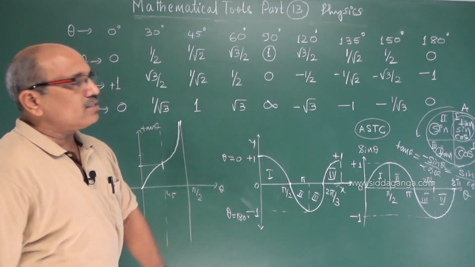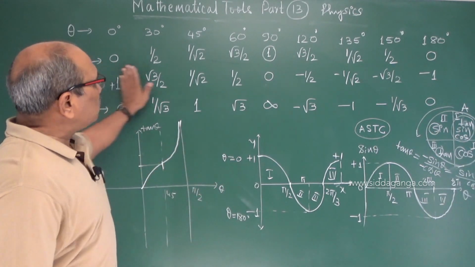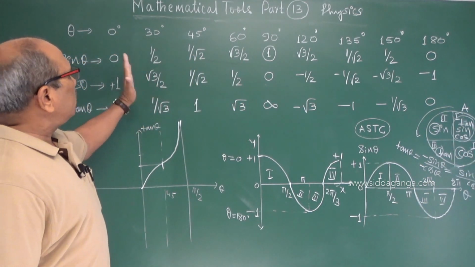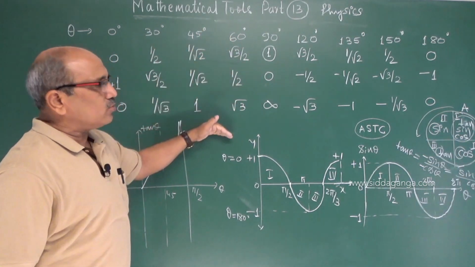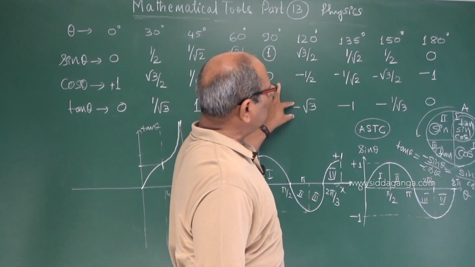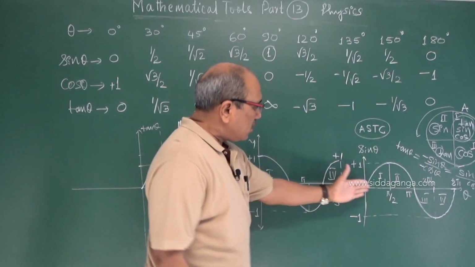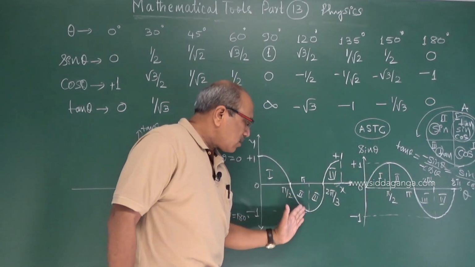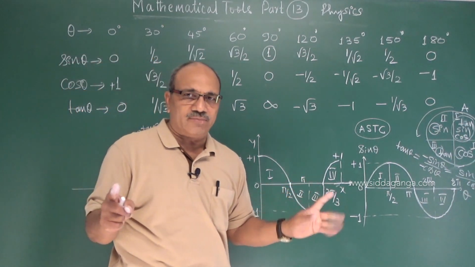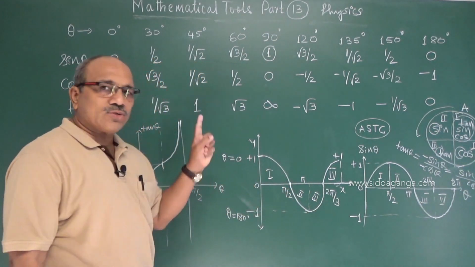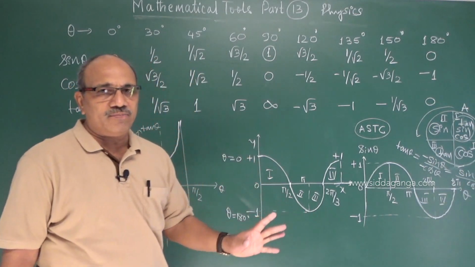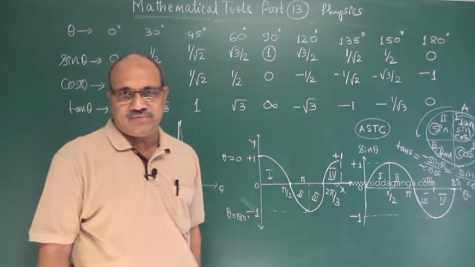But I am summarizing, again saying what values sine, cos and tan take. Remember, in the first quadrant, up to 90, all are positive. Whereas from 90 to 180, sine is only positive; the other two are negative. We have explained why, and it is called a sine wave, cos wave. The sine function varies between -1 and +1 maximum, and cos also varies between -1 and +1, but the tan function can vary between 0 and infinity, any real number.